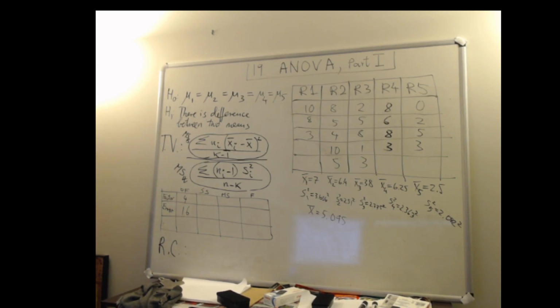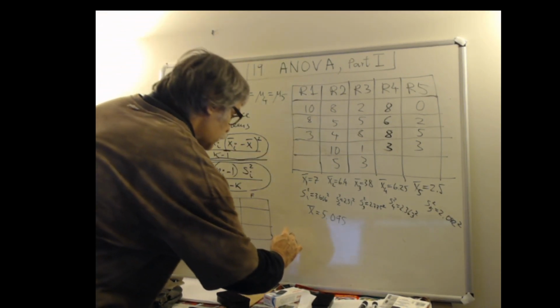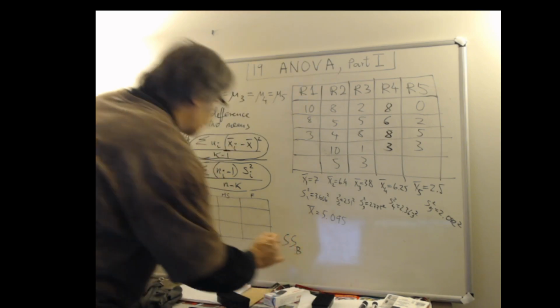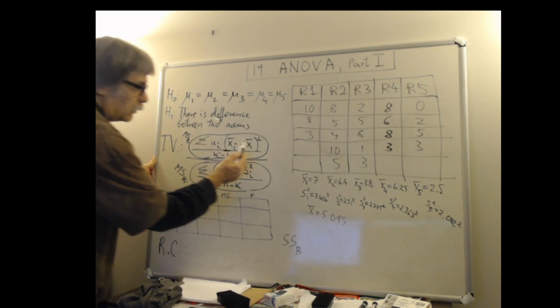Now the sum of squares. That is not a tricky calculation at all, so I'm not going to do it all. You can find it in a lecture. How does that start? First, the sum of squares between the groups. You're calculating the numerator of the numerator.